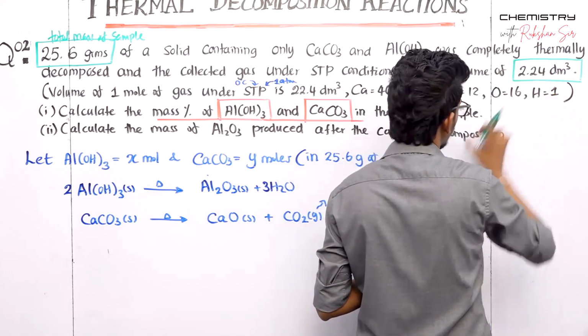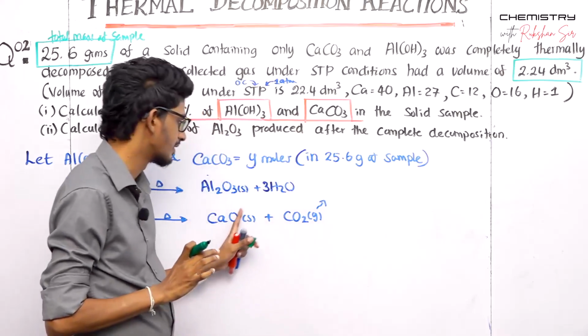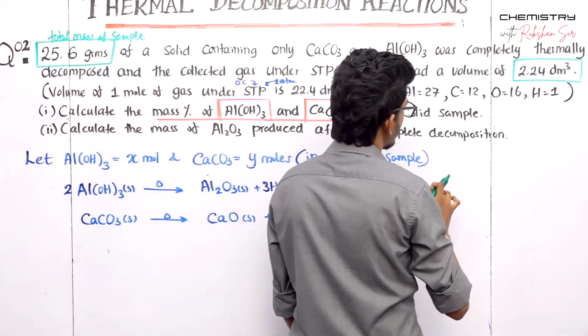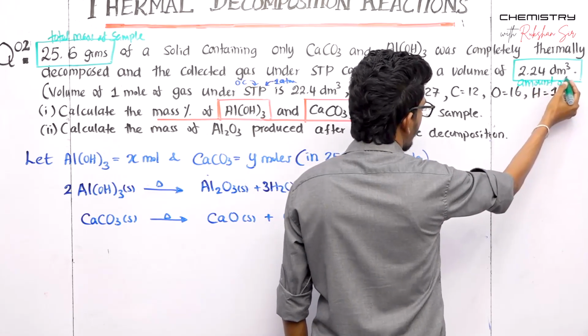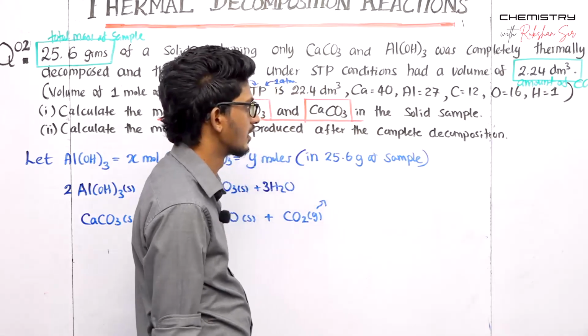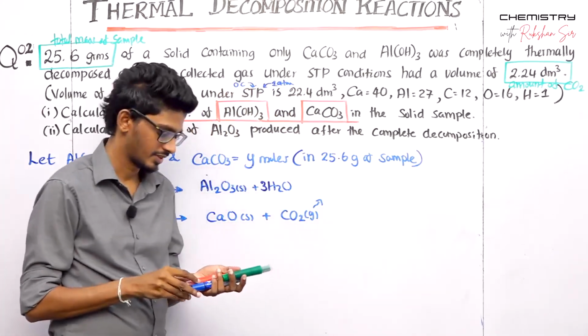That is the amount of the gas released here. The gas is CO2, the only gas at this STP. So this is referring to the amount of CO2. Okay, those are 2 data points. Let's try to come up with simultaneous equations for those.